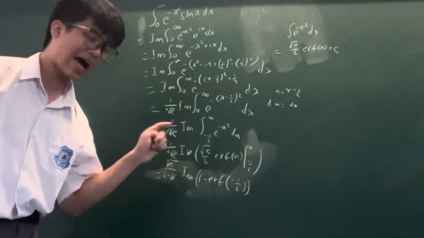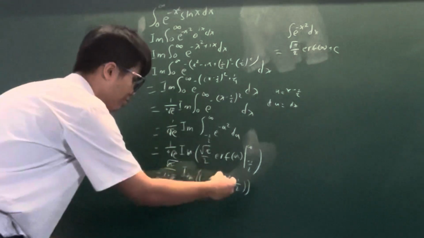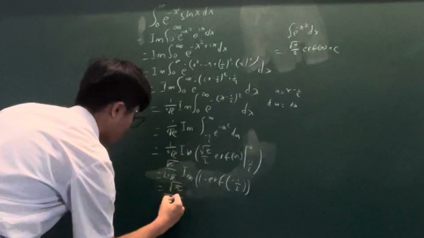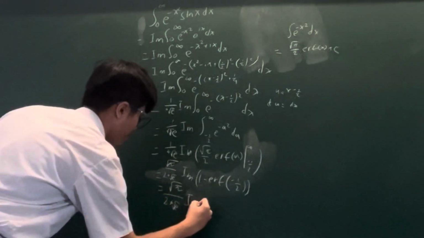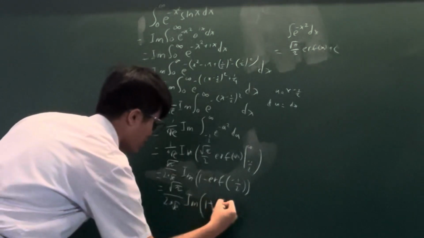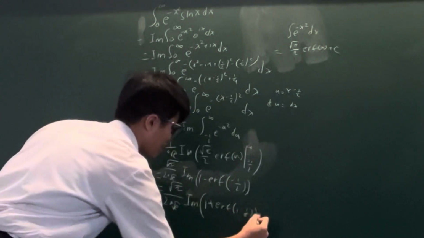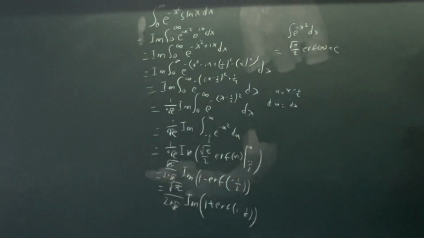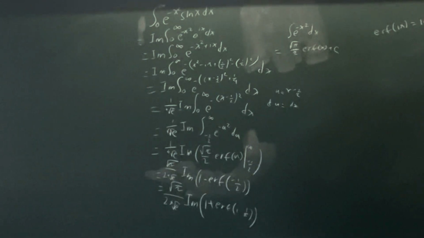Here's the deal. Because erf is an odd function, you can put the negative sign outside and get square root of pi over 2 times the fourth root of e, and then Im of 1 plus erf of i times 1 over 2. Let me write this as i times 1 over 2, because we are going to use the property erf of ix is equal to i times erfi of x.